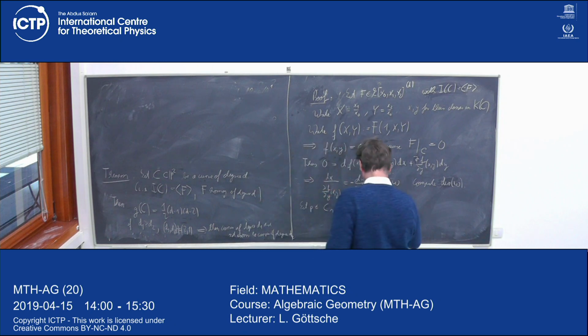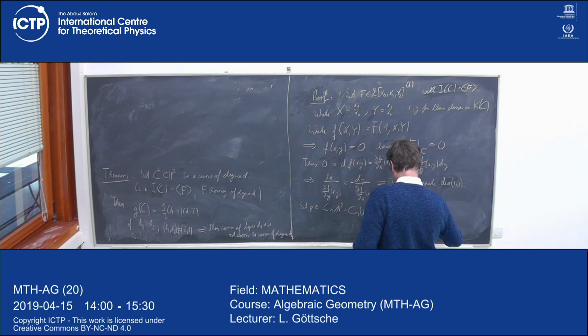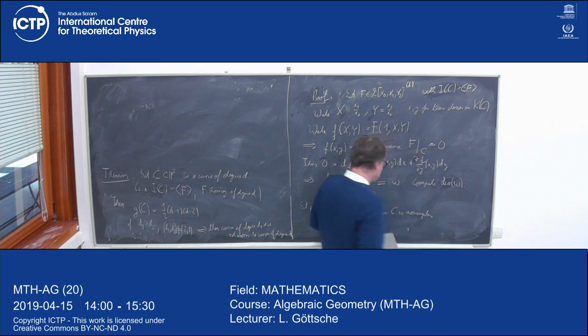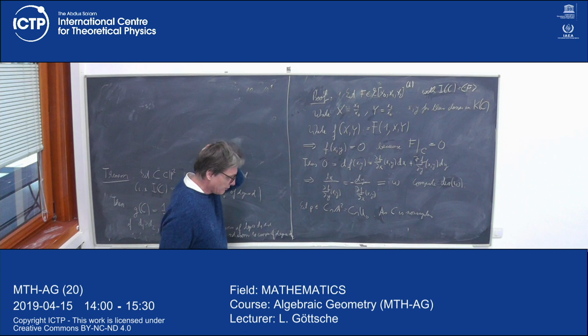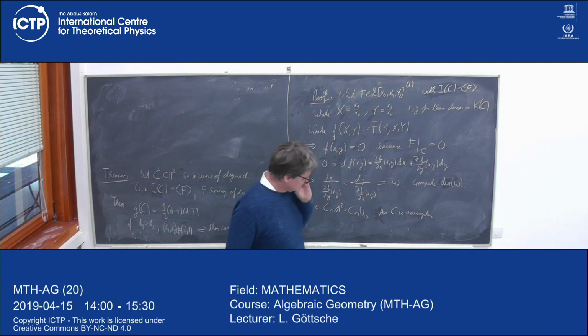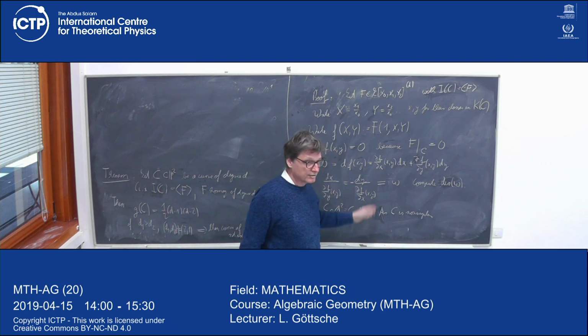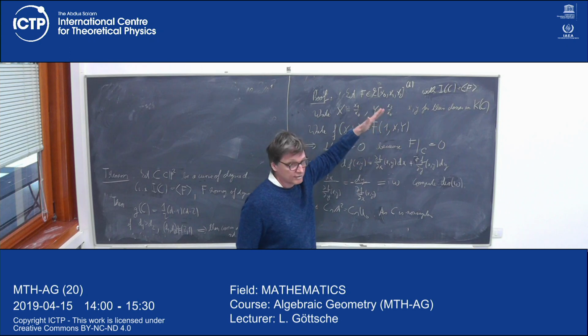Then it follows, as C is non-singular, and I can remember the definition of being a non-singular point, it means that what we had called the differential of f is not 0.